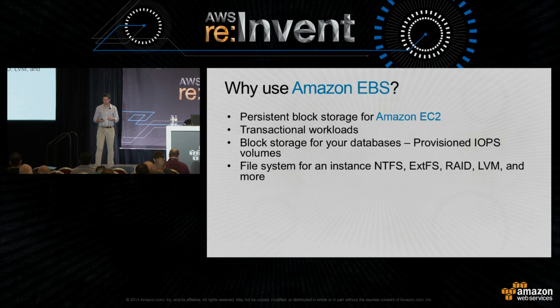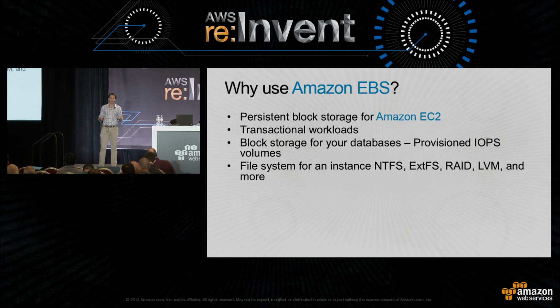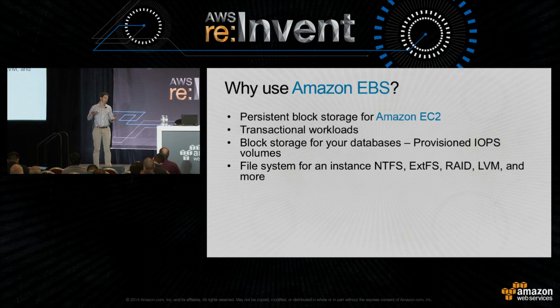It's very deterministic. And then finally, if I need to create a file server within the EC2 network available to the EC2 instances, I can simply utilize logical volume management and RAID, and then put a file system, any Windows or Linux file system, on top of that, and utilize that as a file server.